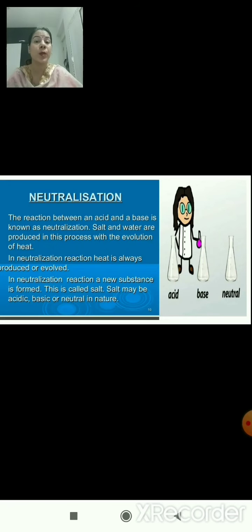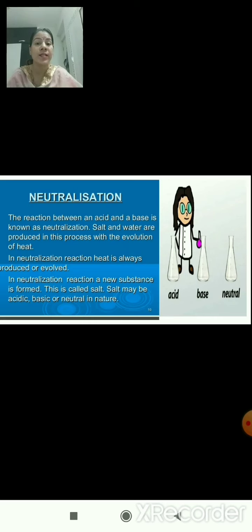So the reaction between an acid and a base is known as neutralization. Salt and water are produced in this process, and at the time of production of salt and water, some heat is also released in this reaction.